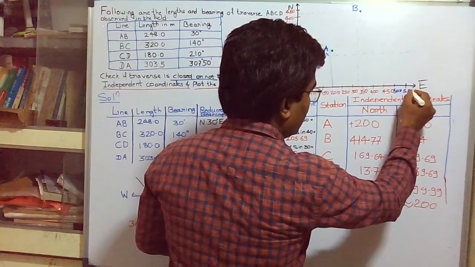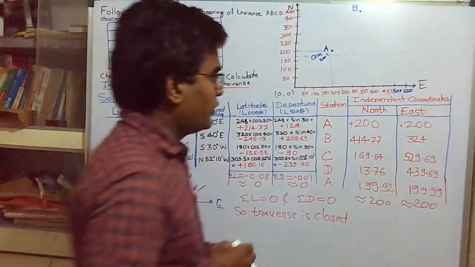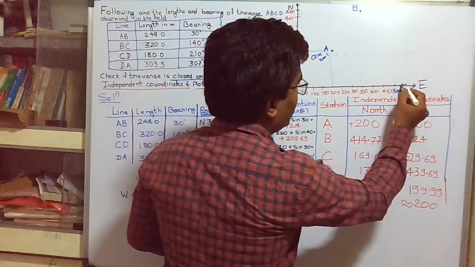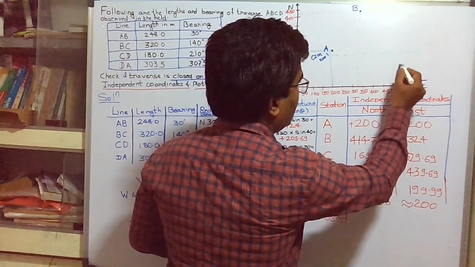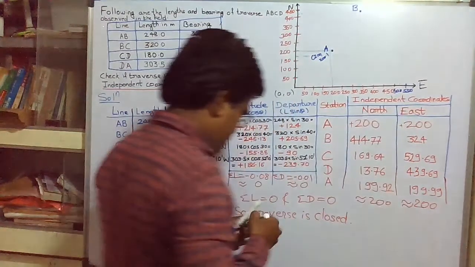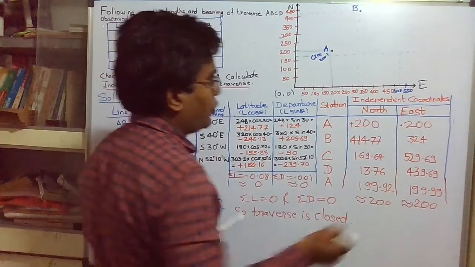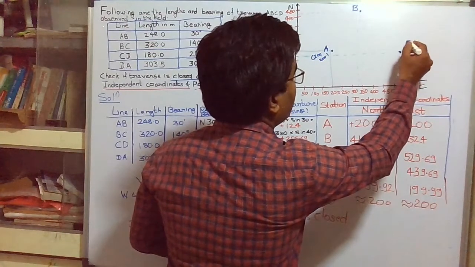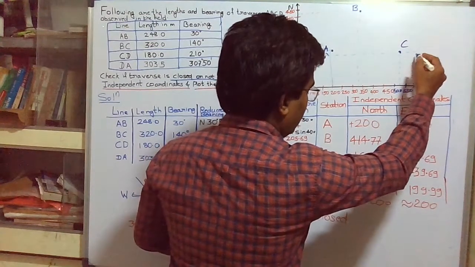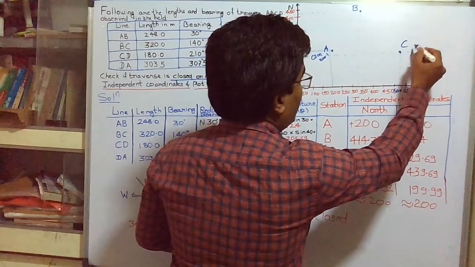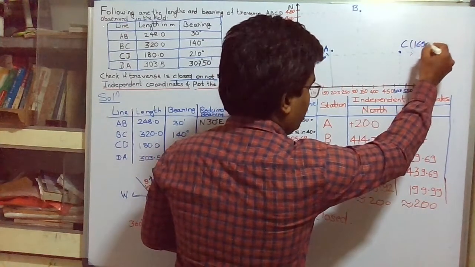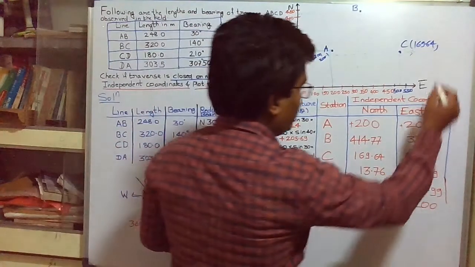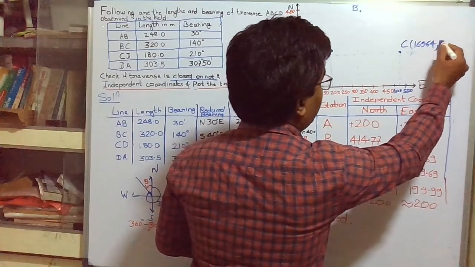So what is the east coordinate? 529. So it will come somewhere here. So this is our point C. Here we got point C having coordinates 169.64 and 529.69.